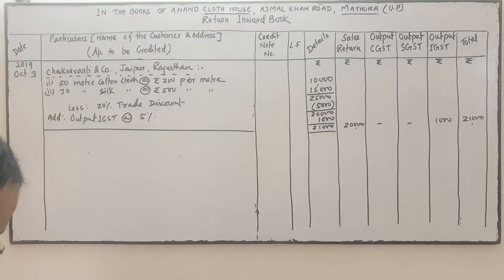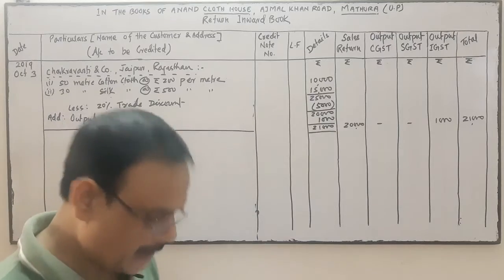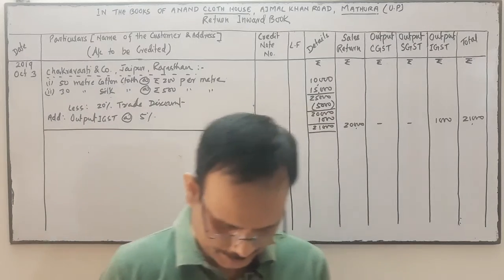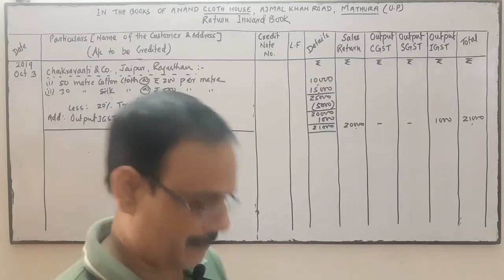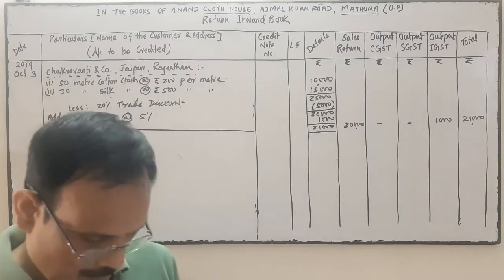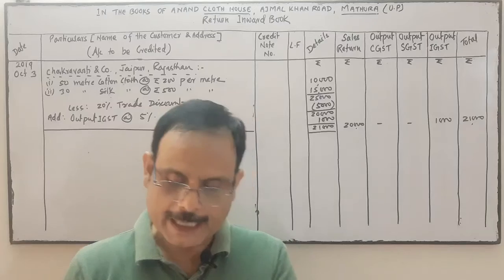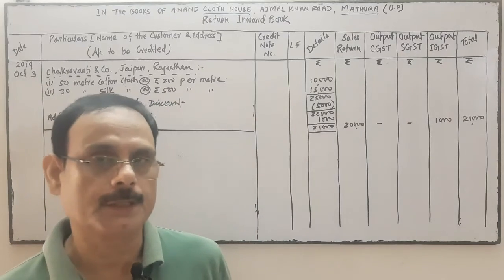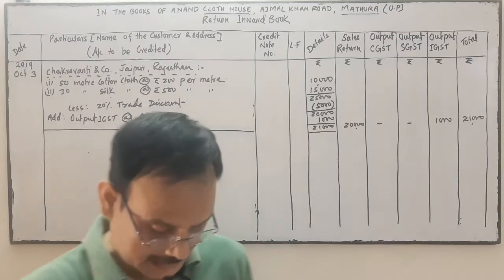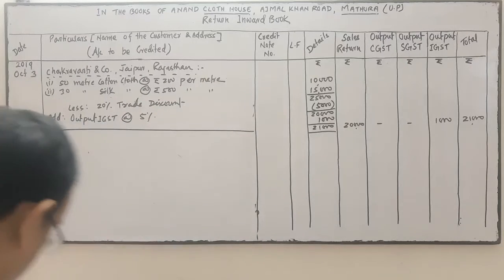Now come to the next. Narayan Rai and Company, Indore, MP. It's also interstate, UP to MP. Returned being not up to the approved sample. Sample was not approved and the goods was delivered. So this is the reason for returning the goods.